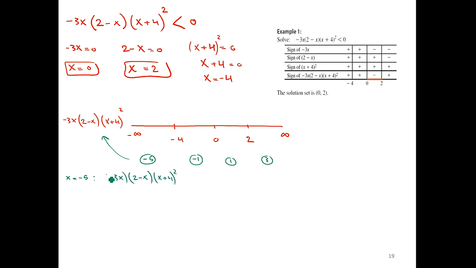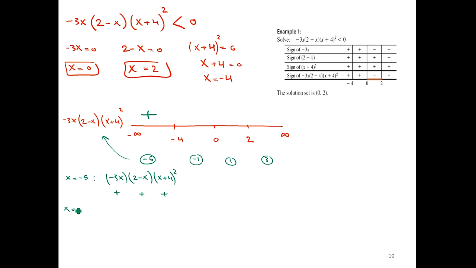The first one, minus 3x, is positive. The second, 2 minus negative 5, is also positive. And the last one, negative 5 plus 4, is negative, but with the square, we have positive. So from minus infinity to negative 4, we have positive.